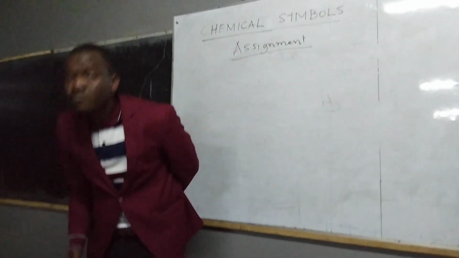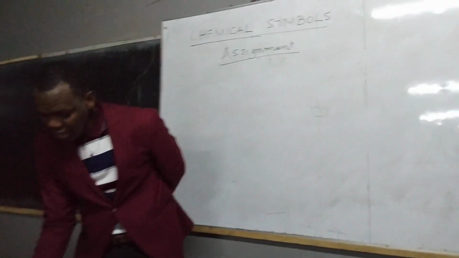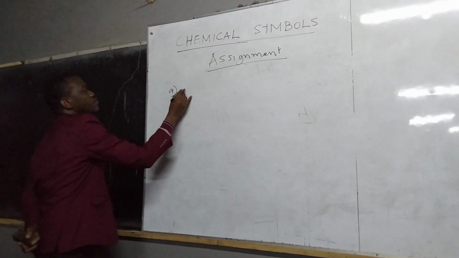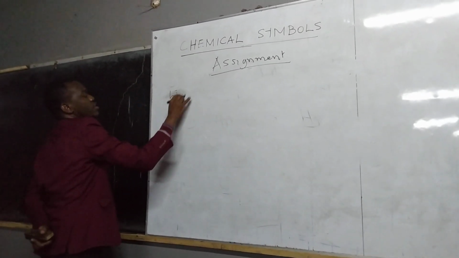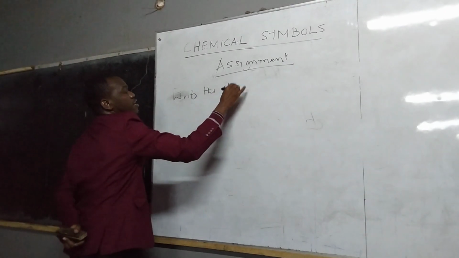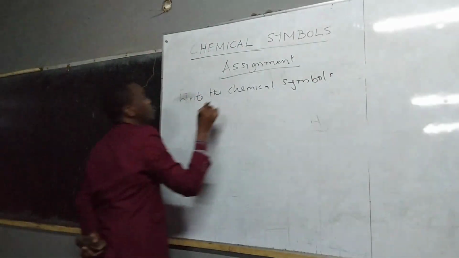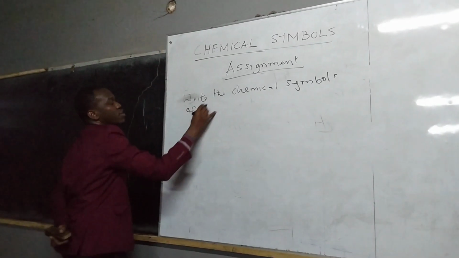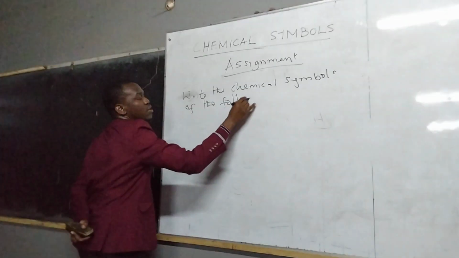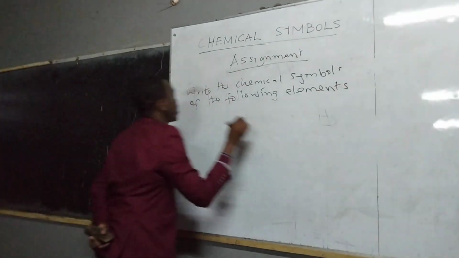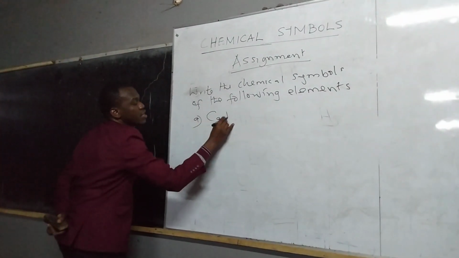Write the chemical symbols of the following elements. Number A, we have carbon.